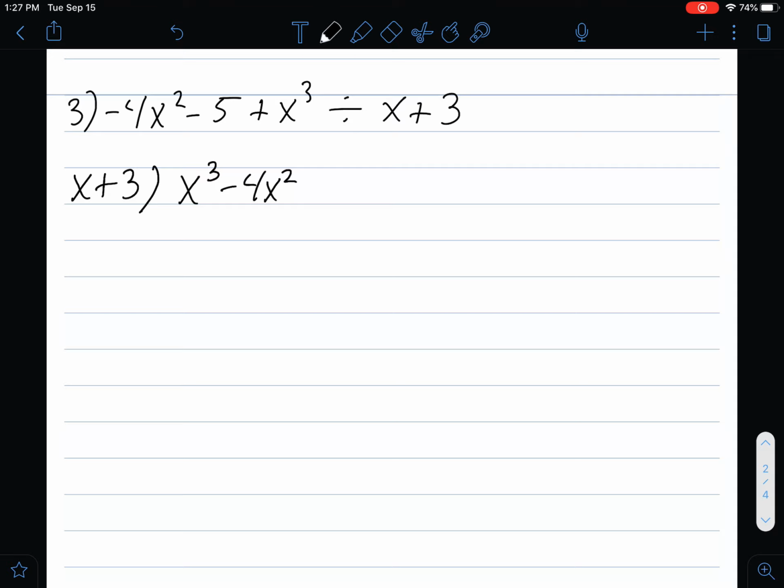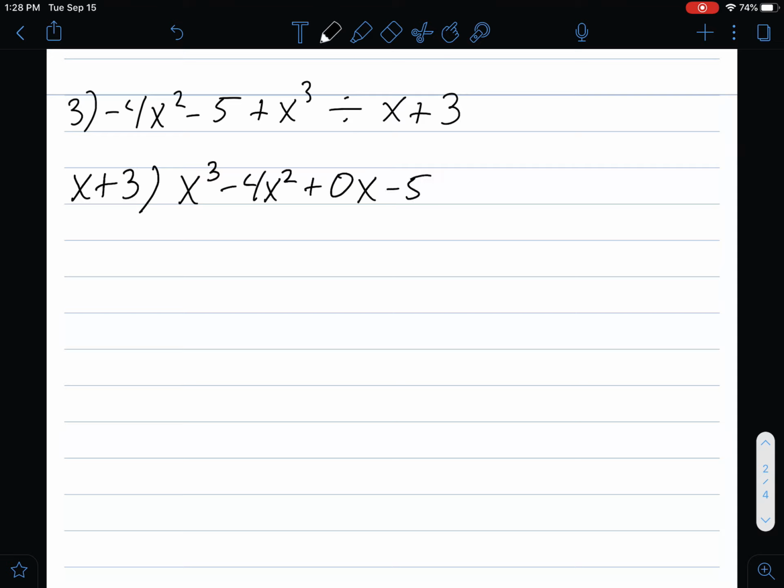And one more thing here is that our exponents are counting down from 3 to, there is no x to the first, but then there is a constant of negative 5 over here. So what we must do here is put in x to the first. These are placeholders.